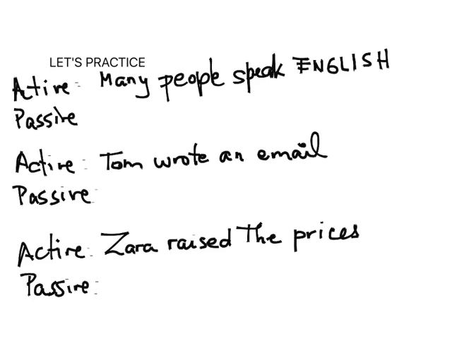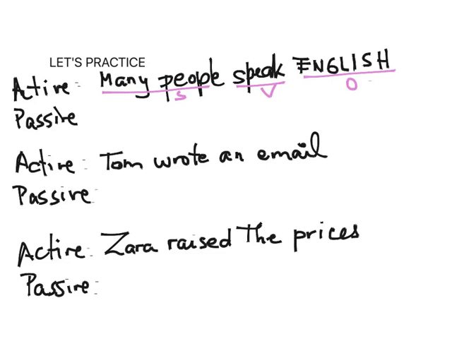Let's have a look at three examples and let's practice together. In the first place, we have many people speak English. The first thing to do, as always, is pick up the action, that's the verb, that's the subject, and that's the object.